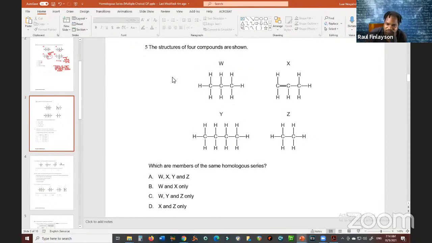It's lovely. But anyway, on a different note, we have these four compounds to compare, and which are members of the same homologous series. You see how many homologous series questions they asked over the years. By going through all of these, pick any topic, and there are questions for it.